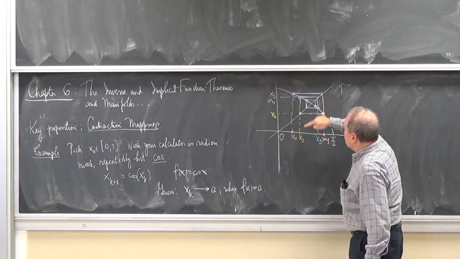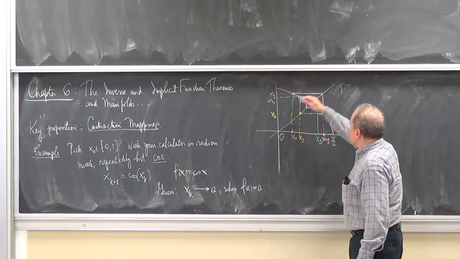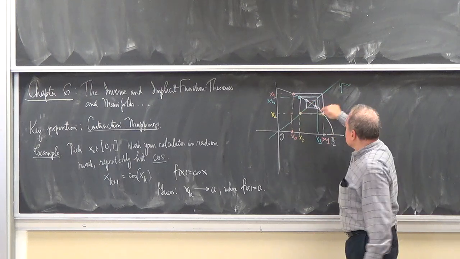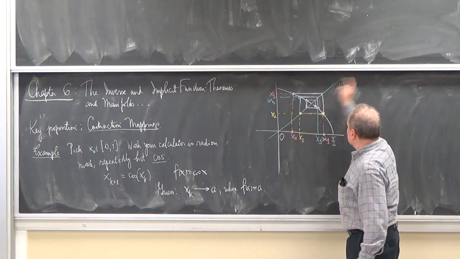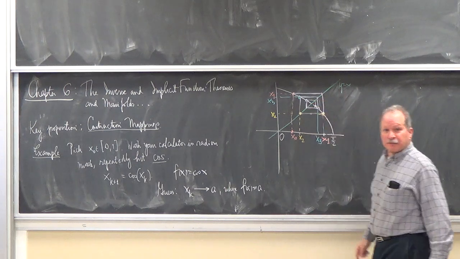As you spiral in. Now, the issue is, what is it about the cosine function that makes this spiral in rather than doing some random jumping around and not converging?